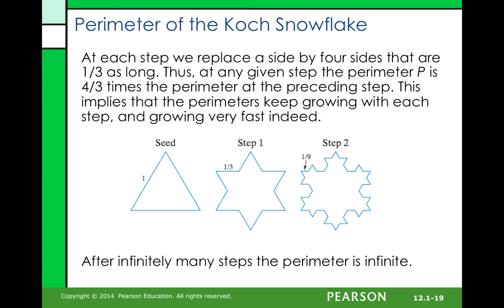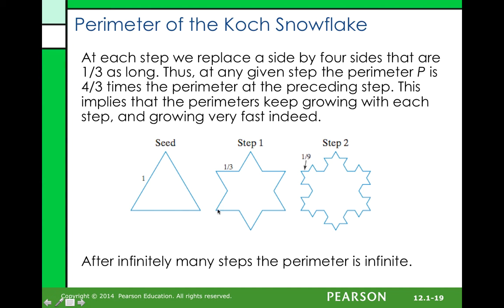So let's think about why that would be. At each step, we replace a side by 4 sides that are a third as long. Thus, at any given step, the perimeter P is 4/3 times the perimeter at the previous step. So here at step 1, notice the perimeter has length 3, right? Just 1, 1, 1. Now at the next step, what is the perimeter?